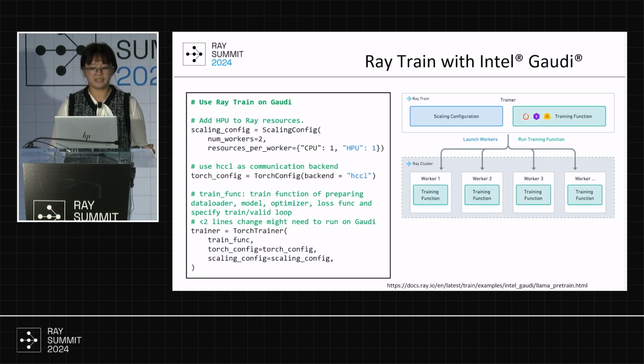And for Ray Train, HPU resources can also be specified in the scaling config, and the HCCL communication library can be specified in the torch config. Then provide both the scaling config and the torch config to the TorchTrainer. So you will have your model trained on HPU.